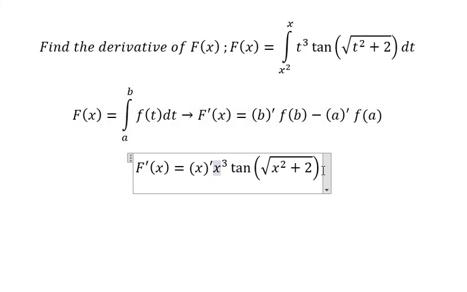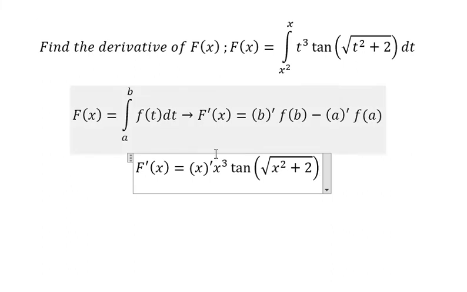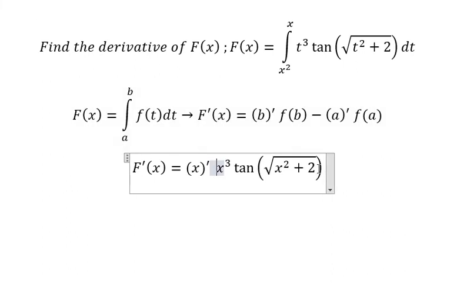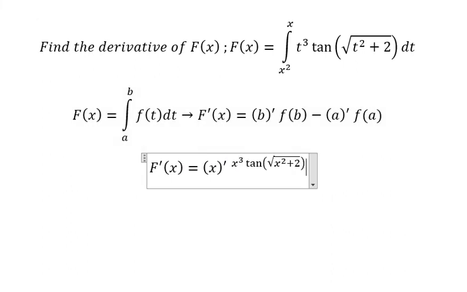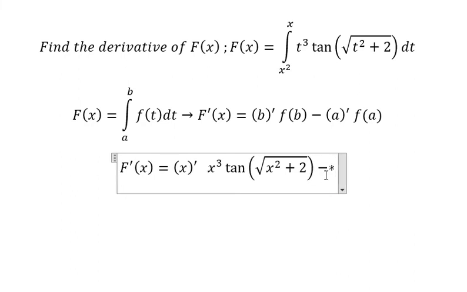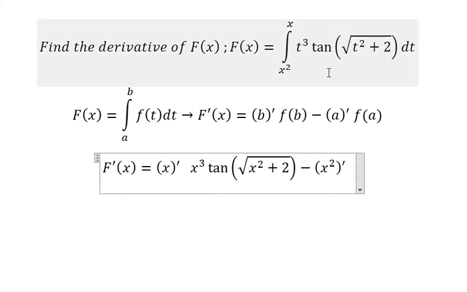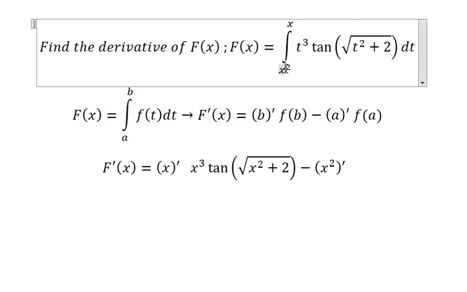Now we have the negative sign here. Minus, we do the first derivative of s squared, multiplied by the value of s squared will change for t and t.